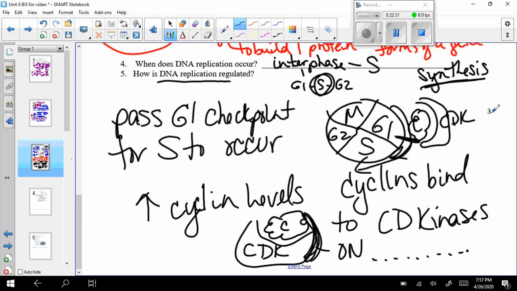If I do, then I'm going to do S. I'm going to replicate my DNA. The way that you make cyclins is another signal transduction pathway. So there has to be a reason. There has to be a stimulus that is causing a cell to say, hey, we need to double up all of our DNA so that we can divide and each cell will get a set of the DNA.